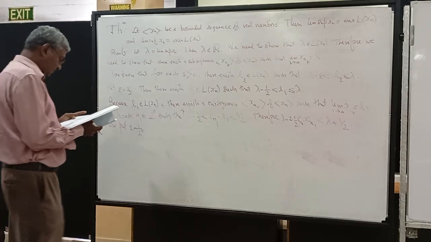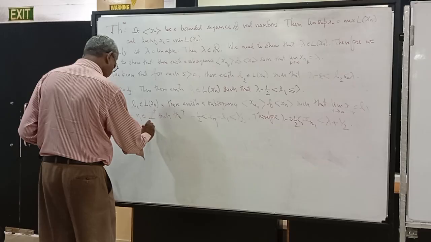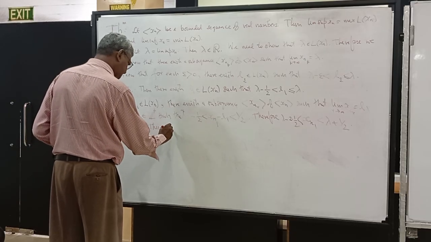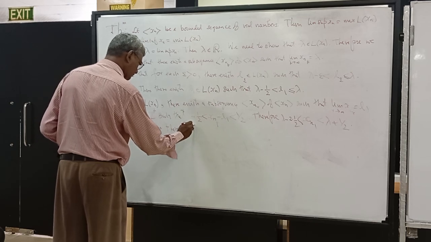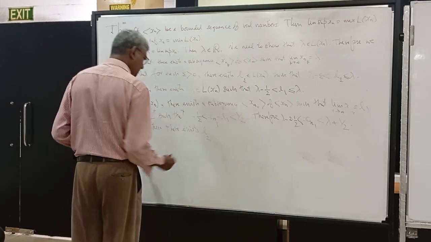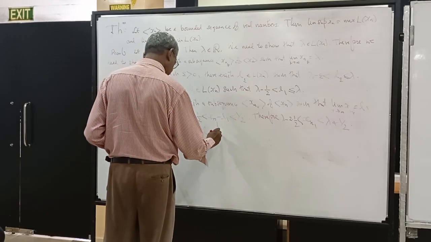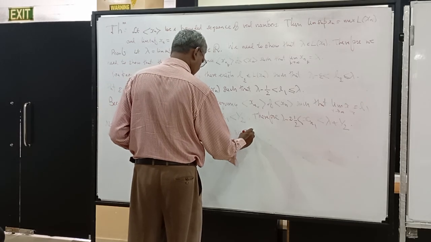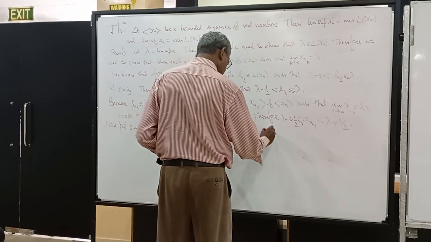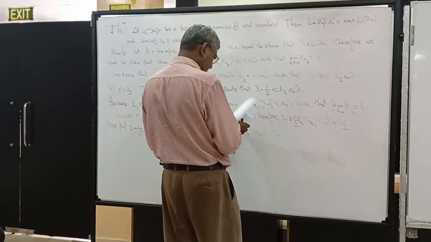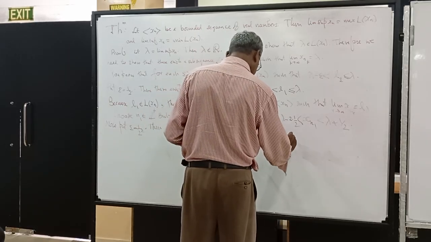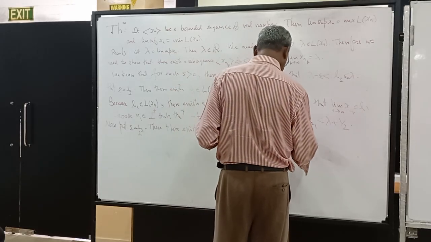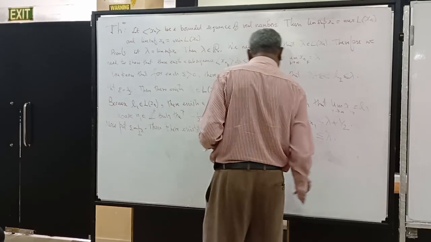Then there exists L2 belonging to Lxn such that lambda minus 1 half square is strictly less than L2, which is less than or equal to lambda.